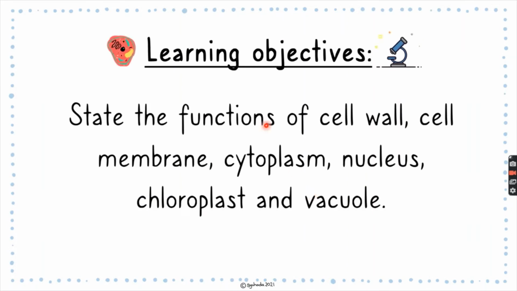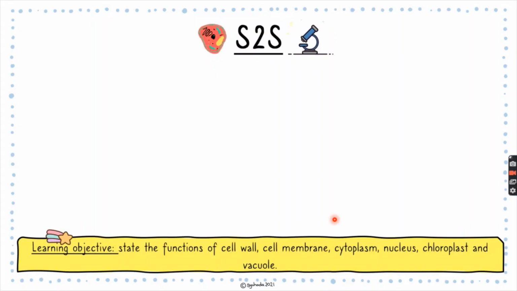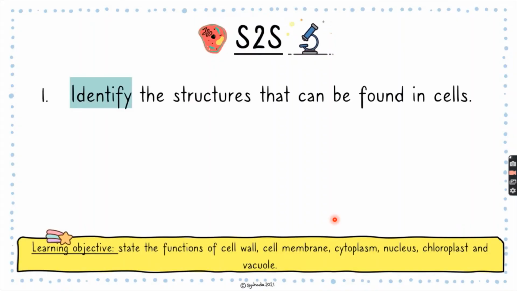Alright, so let's get into today's learning objective. Today we are going to state the function of the cell wall, cell membrane, cytoplasm, the nucleus, the chloroplast, and the vacuole. What is our step to success for today? We are going to identify the structures that can be found in cells.